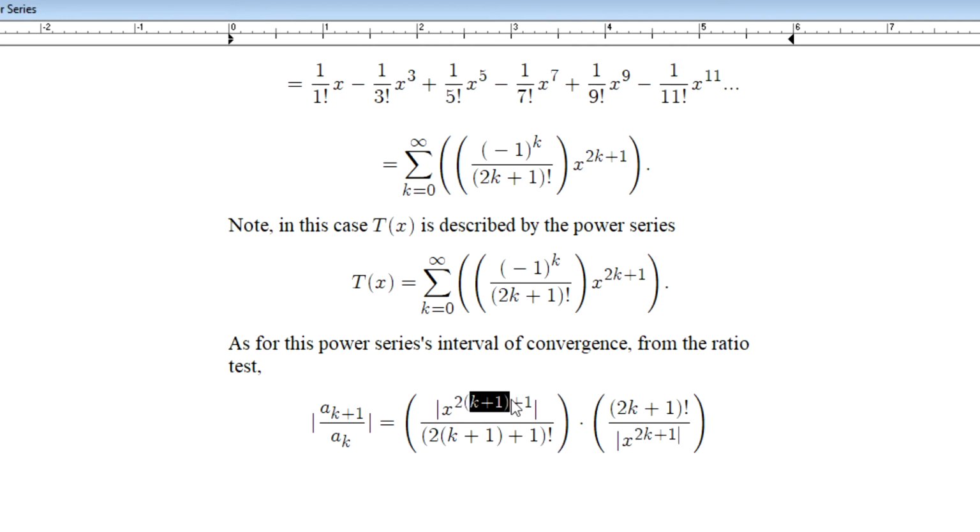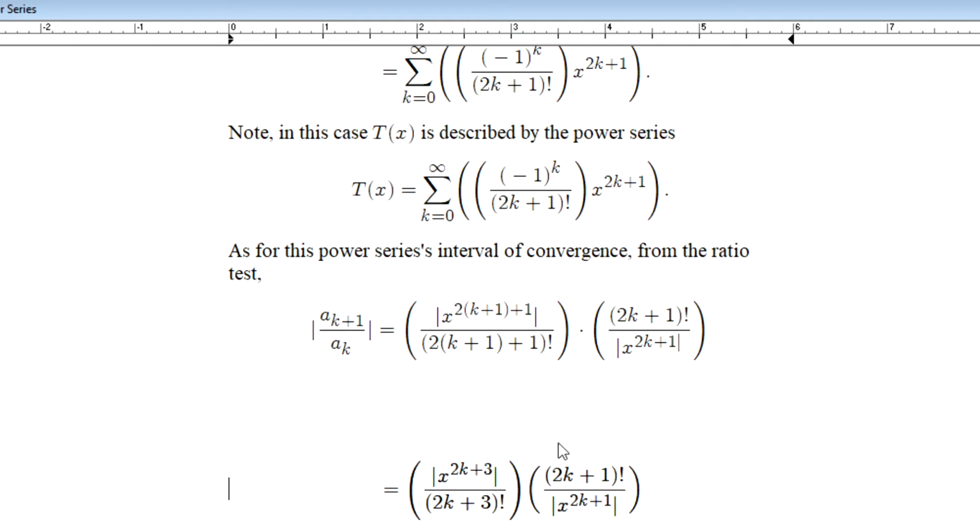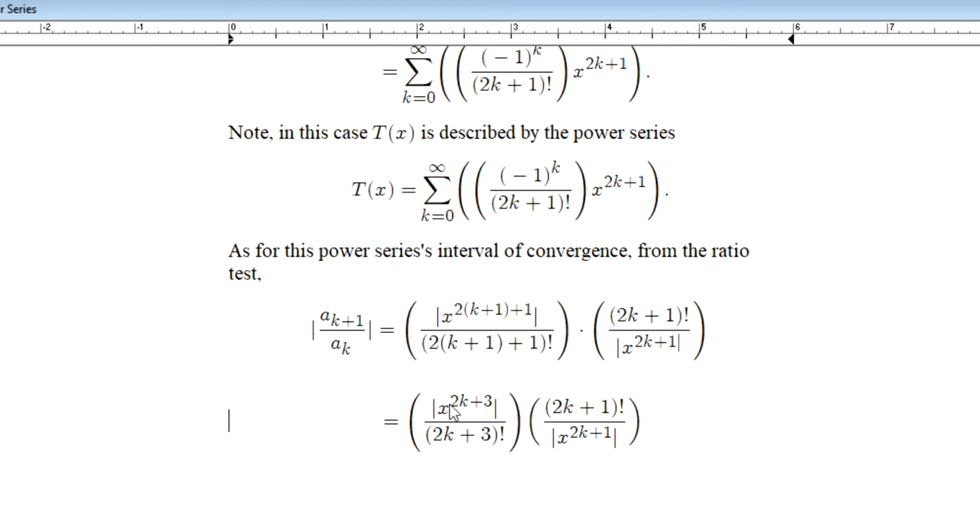Now, if we replace all our k values with k plus 1, these quantities of 2 to the k plus 1 power will become 2 times the quantity k plus 1 plus 1, which if we simplify all those statements, you'll see that's what happens in my next line here. They will turn into 2 to the k plus 3 power, or 2k plus 3 factorial.